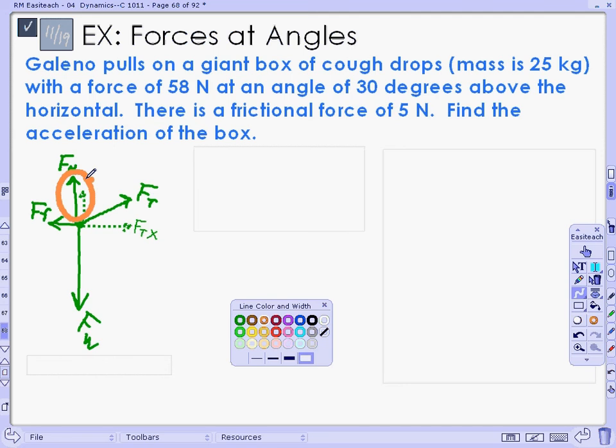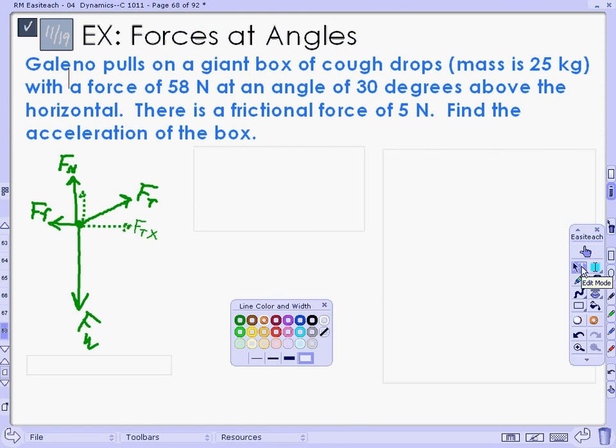That's not absolutely crucial in doing this problem because I gave you the frictional force. I just said it's 5 newtons. But for a bonus type of question, if I ever asked you to calculate the frictional force from the coefficient of friction and I didn't give it to you, you would need the normal force, so you would need to know this. Now, this came up on a recent angled problem we did.